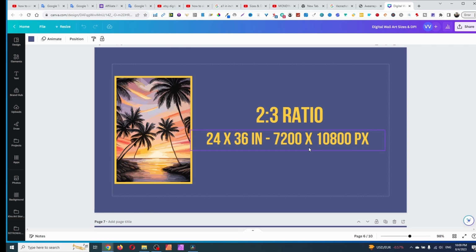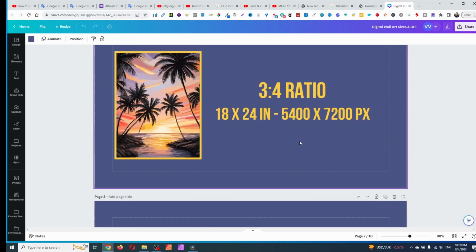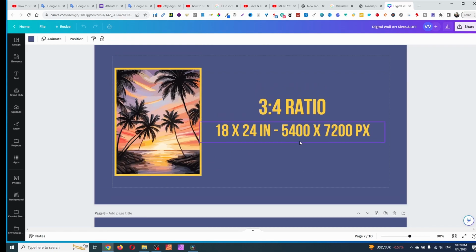For the 2x3 ratio, where we take the biggest size that we offer, 24x36 inches, in pixels it's going to be 7200 by 10800 pixels. For the 3x4 ratio, the inches will be 18 by 24 and the pixels will be 5400 by 7200.